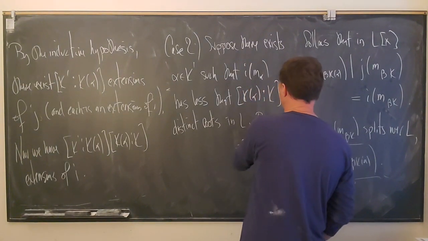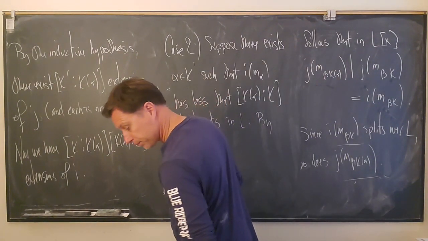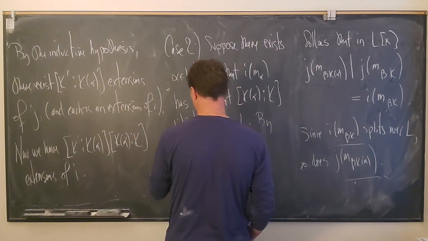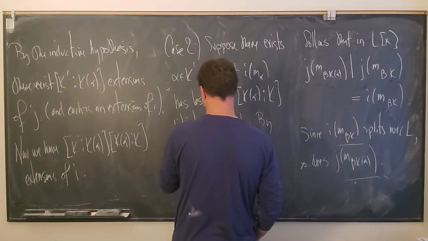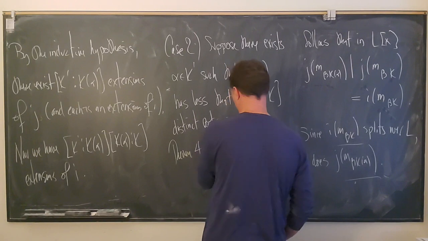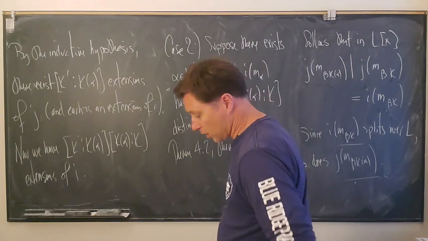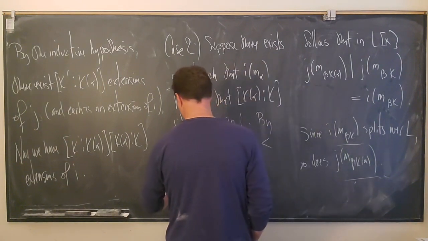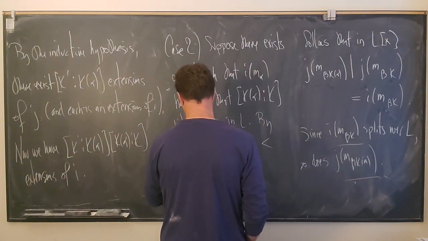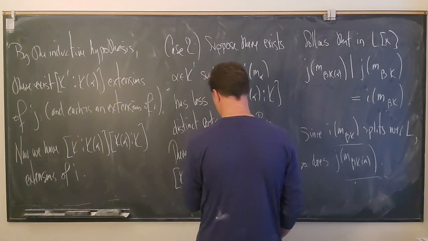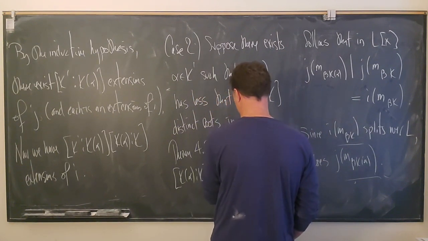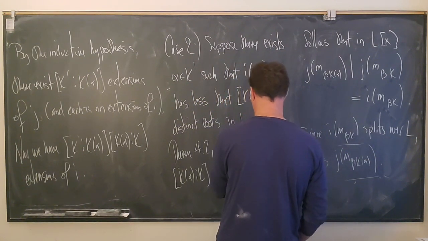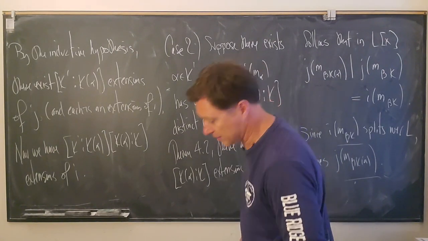So then, by our previous theorem, theorem 4.2, there are strictly less than degree of k adjoin alpha over k extensions of I, and then you just throw the Tower law at it.